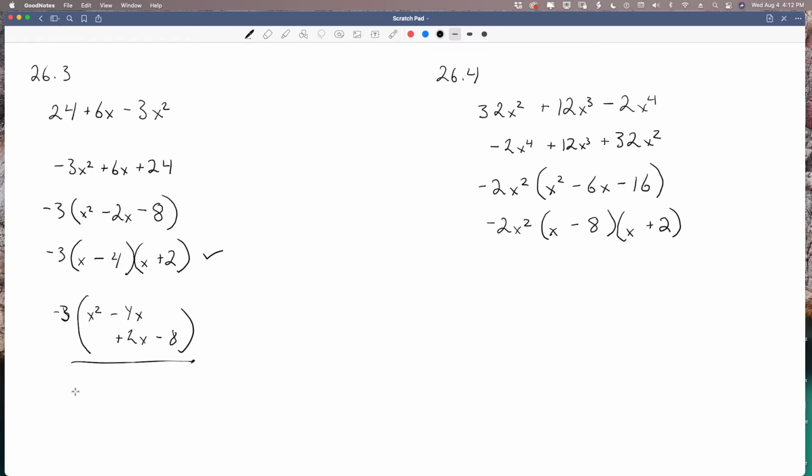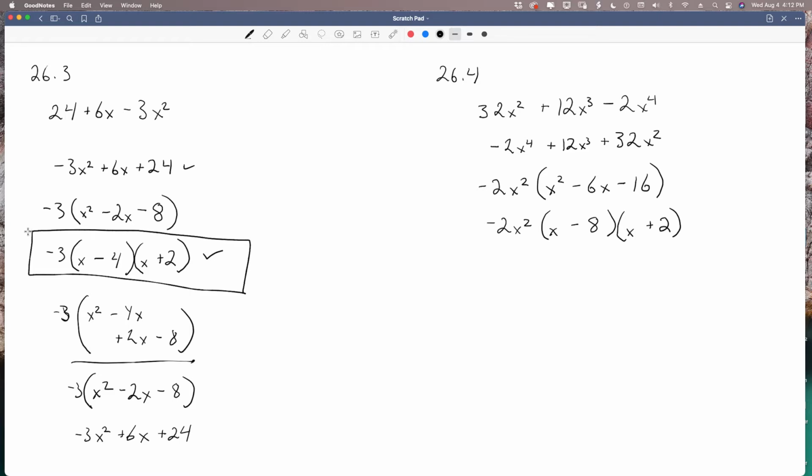When we combine, we get -3 times x squared minus 2x minus 8. And when we distribute the -3, we get -3x squared plus 6x plus 24, which is our original up here. So we know that this is the correct answer.